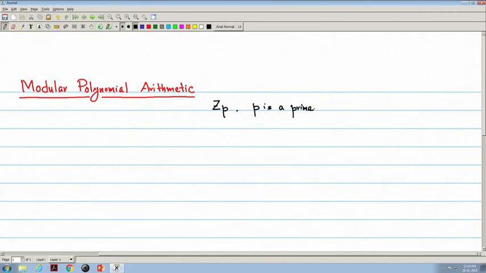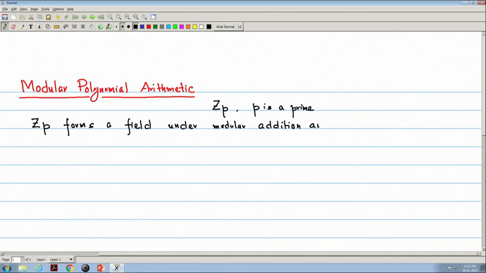Now, if Z_p forms a field under modular addition and multiplication, then Z_p to the power n also forms a field.